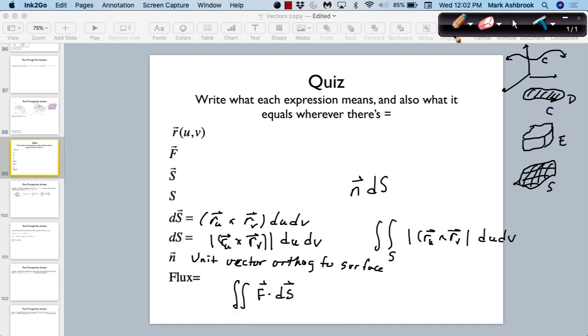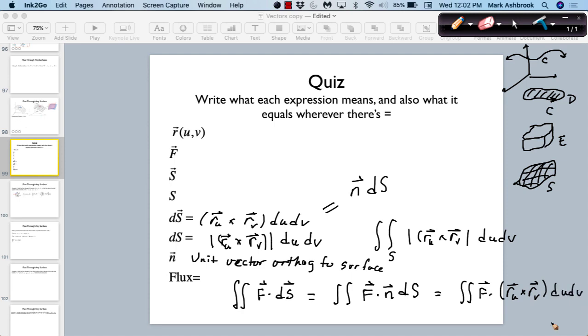And so we can write this in two different ways. We can write it as F dot n dS, or F dot ru cross rv du dv. That's an F, not a P.